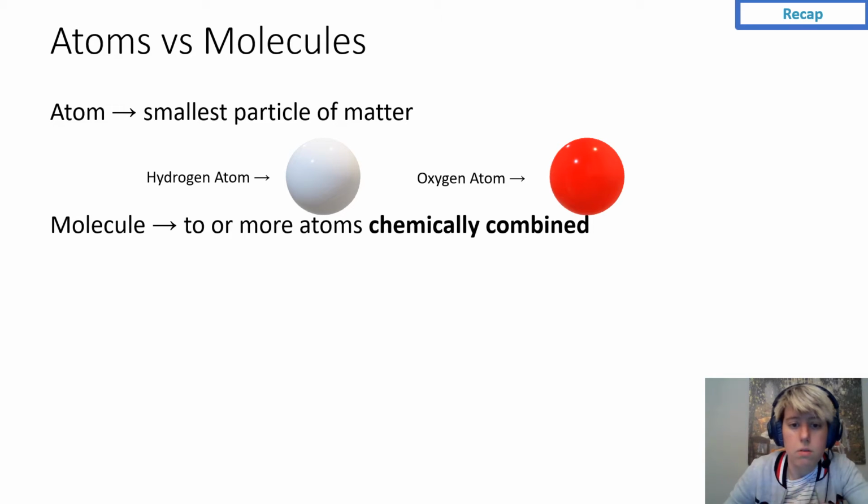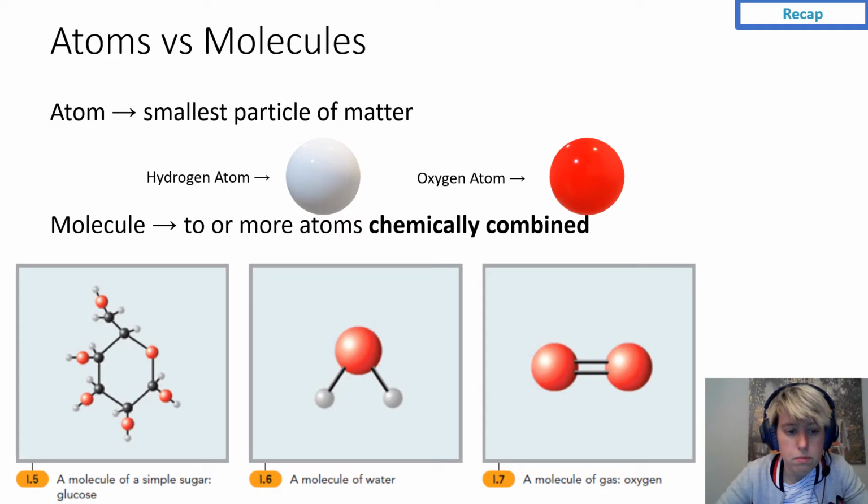Whereas a molecule is two or more atoms that are chemically combined. So if I have, for instance, water, H2O is a molecule that is made up of two hydrogens and one oxygen, right? So H2O is a molecule of water.